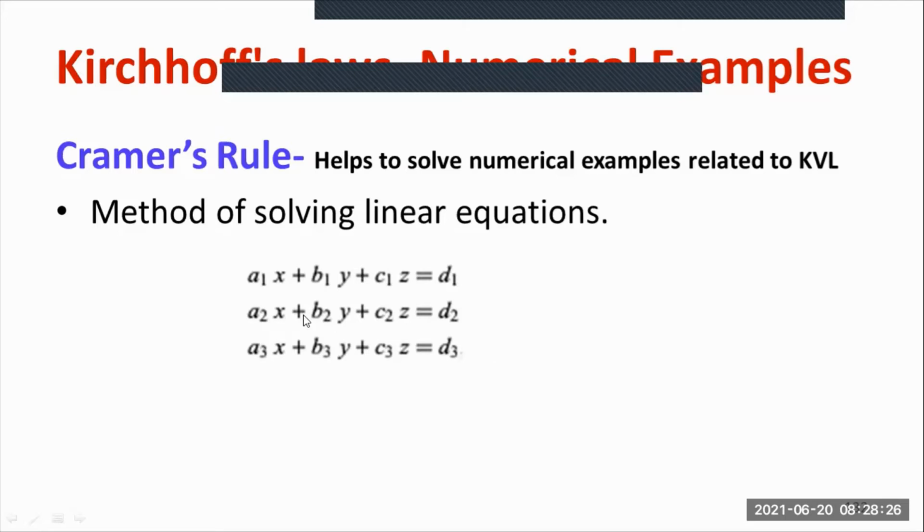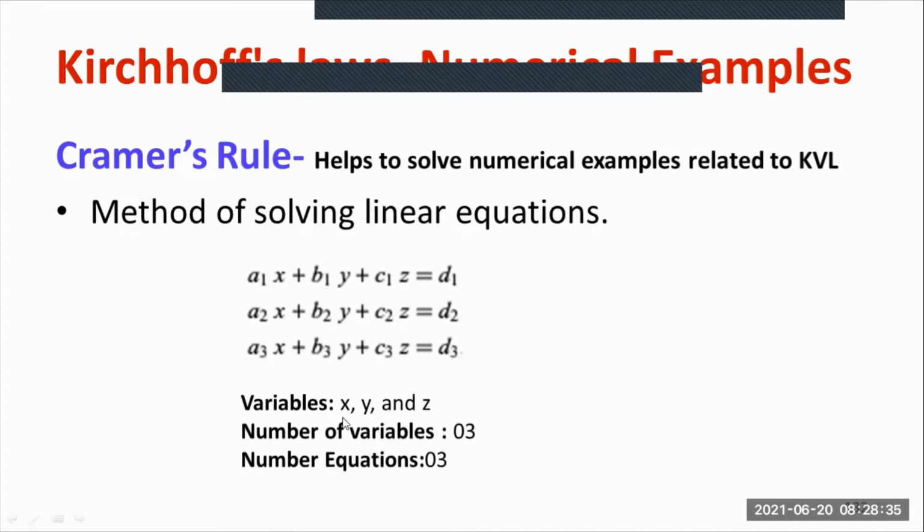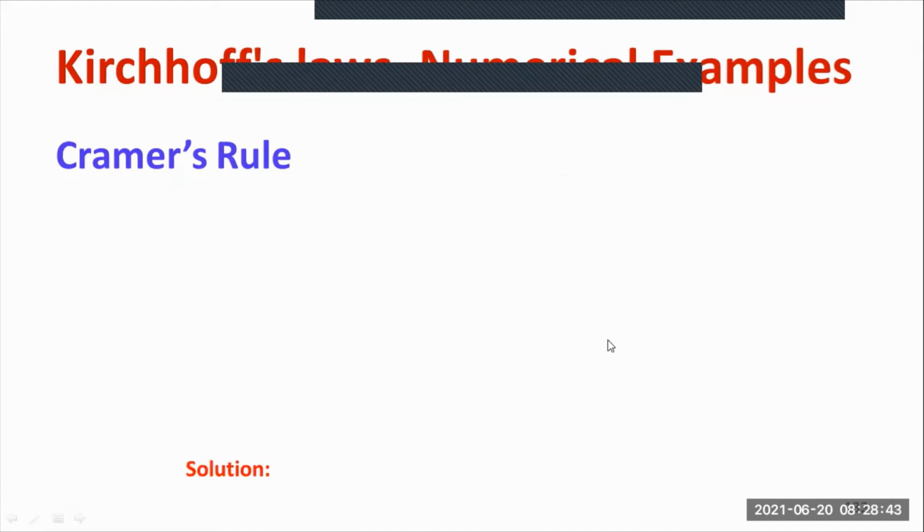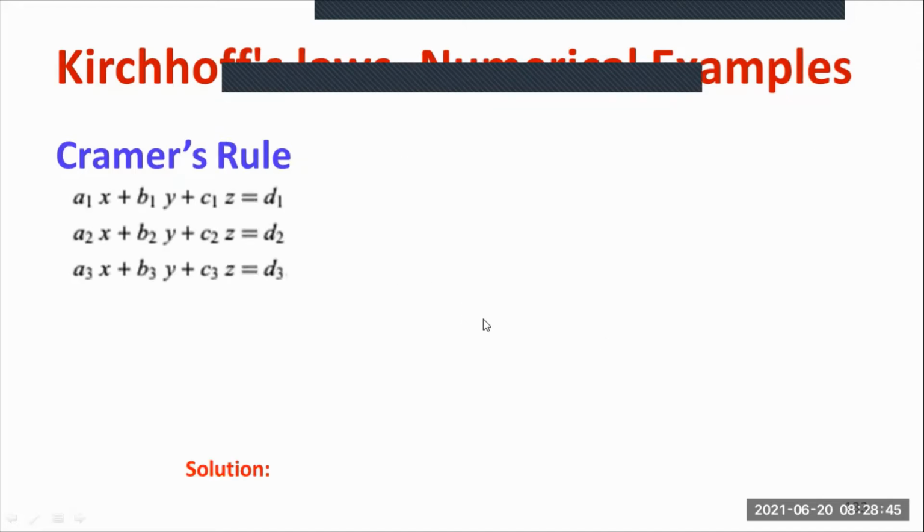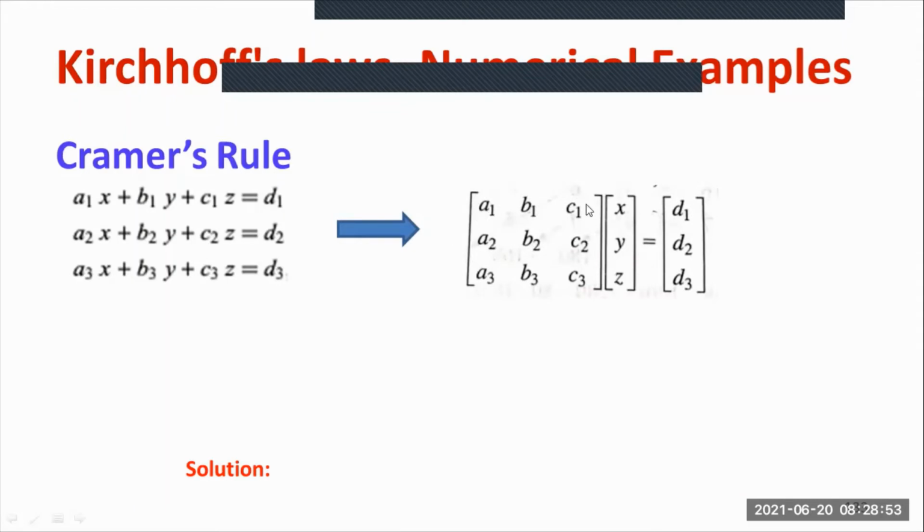Now what you are going to do is represent these three equations in matrix form. We have three variables x, y, z and three equations. Now we need to represent those three equations in the form of a matrix. First of all, I would like to write all the constants.